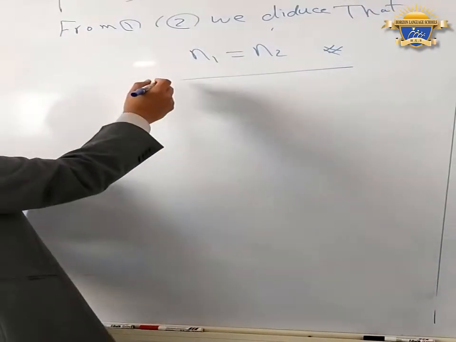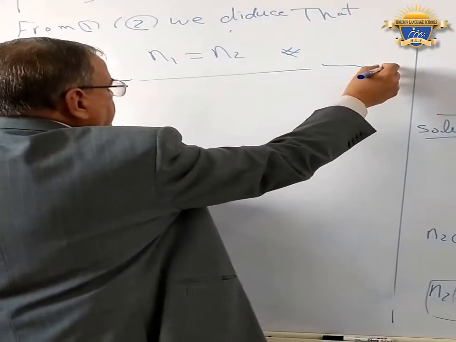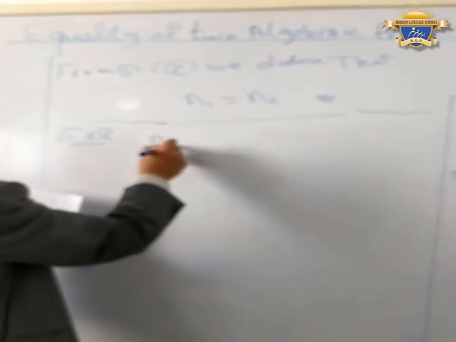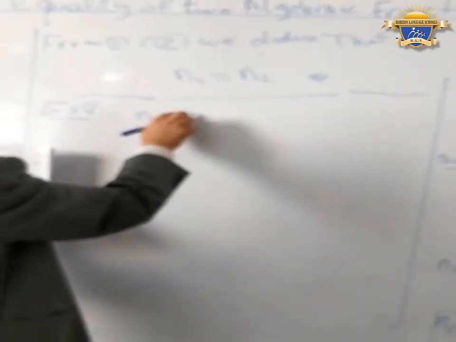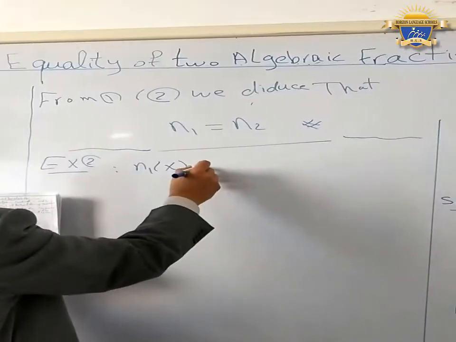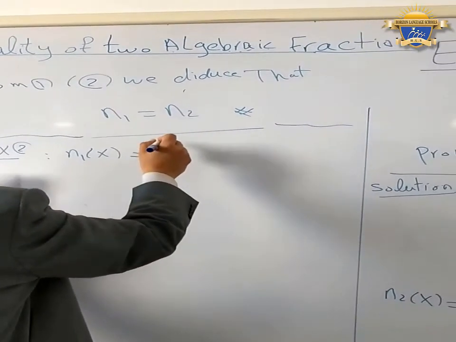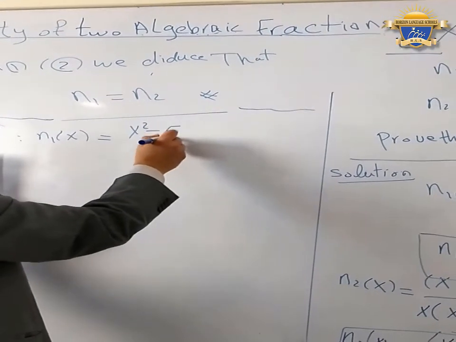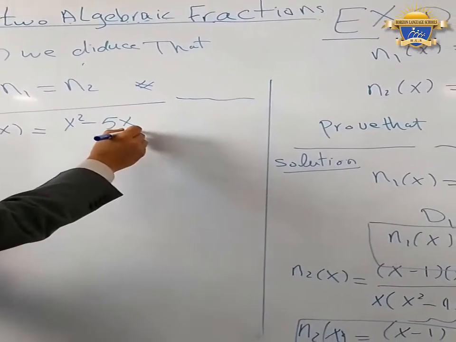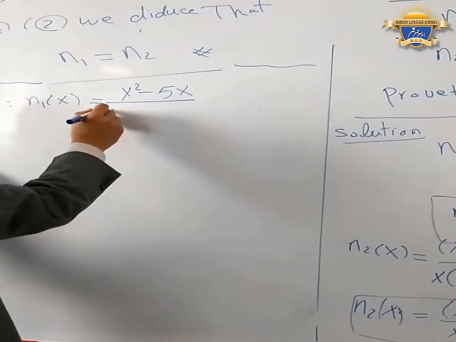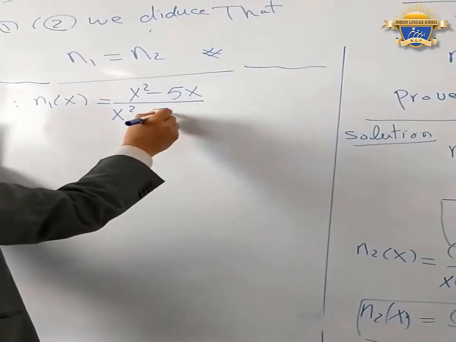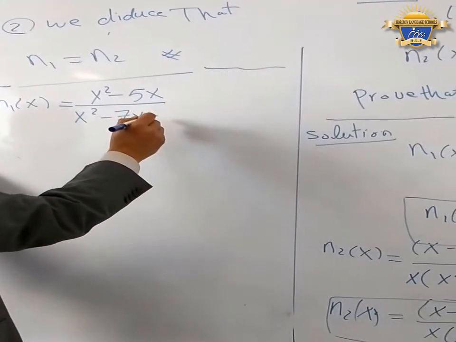Example 2. N1 of x equals x squared minus 5x over x squared minus 7x plus 10.